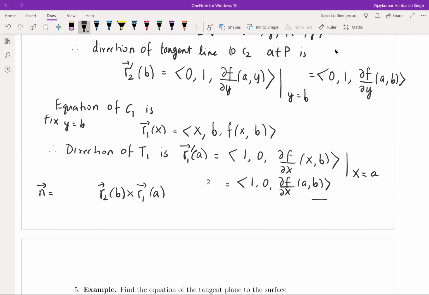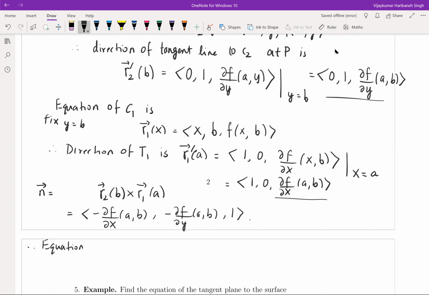And if I take cross product of this vector and this vector, you can check that it's going to be AB, AB, and 1.